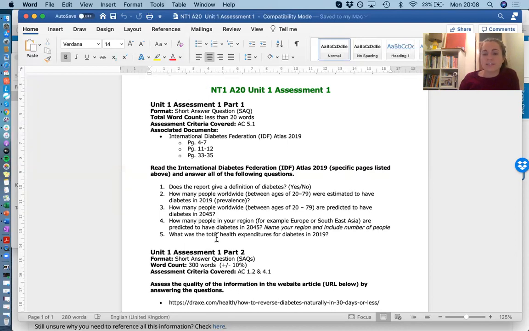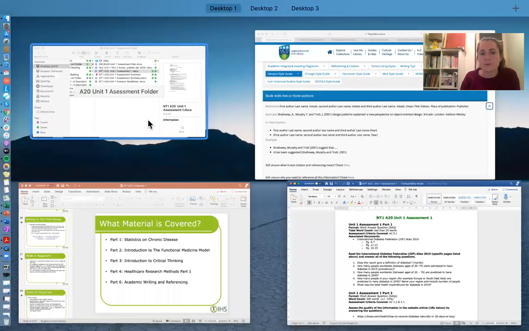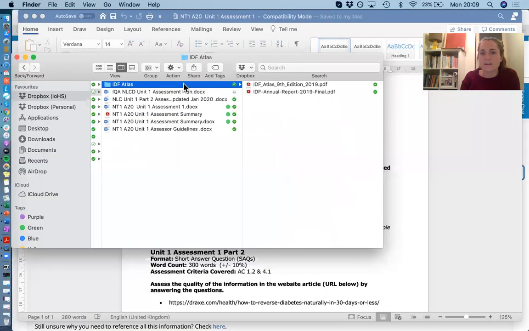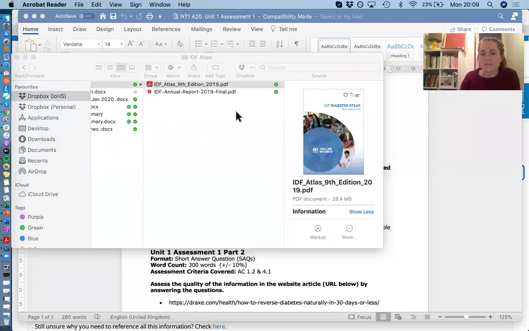The purpose of this assessment is to show you what a good, reliable source of information on a specific chronic disease looks like, and that you've understood the terms prevalence, predictive trends, and global burden, so that you can answer these questions. For many of you, this might be very straightforward. The main purpose is just to get you reading some pieces of this document.